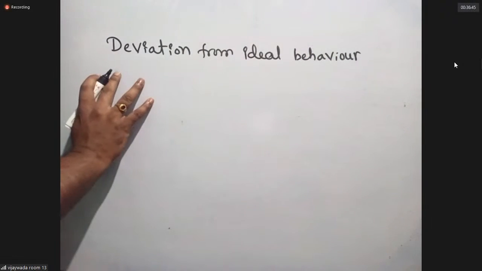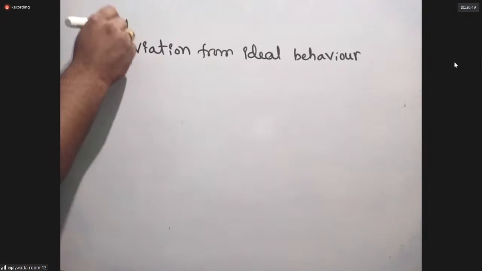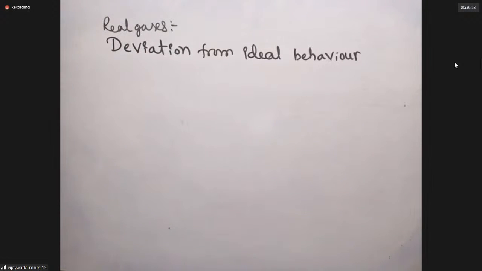So this topic is related to real gases. Ideal gas, real gas. Ideal gas, we already studied: the gas which obeys all gas laws at any temperature and any pressure, or the gas which obeys the ideal gas equation, is called ideal gas.